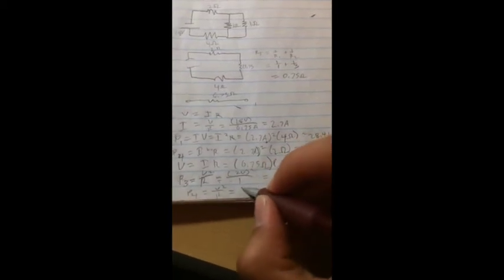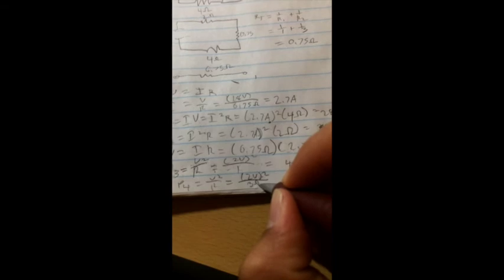For the fourth one, V squared over resistance equals, it's 2 volts again, but over 3 ohms this time. So 4 over 3 is 1.3 watts, and now we found the power for all four resistors.